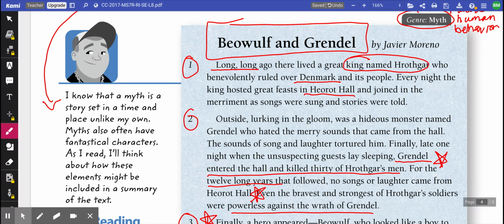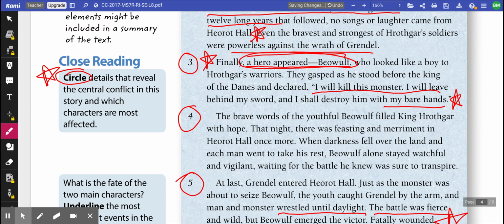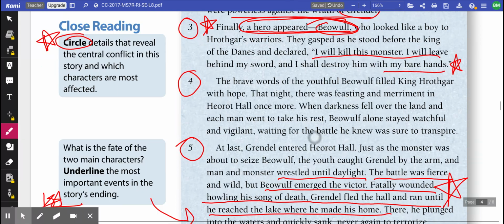And then we met Grendel, who was our monster that tried to kill everybody. And then we also meet our hero, Beowulf. So those are your characters. Your protagonist is Beowulf. Yay! Woohoo, Beowulf. And your antagonist is? It is Grendel. That is correct. Okay.